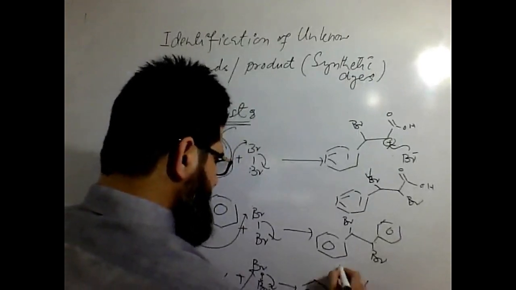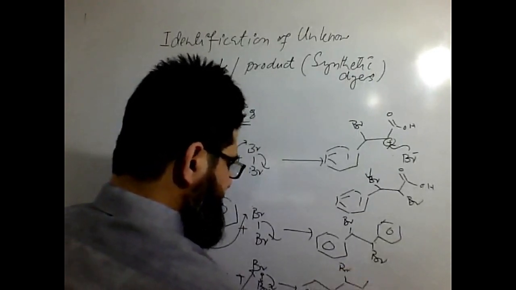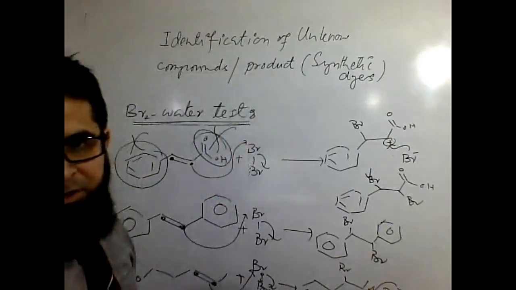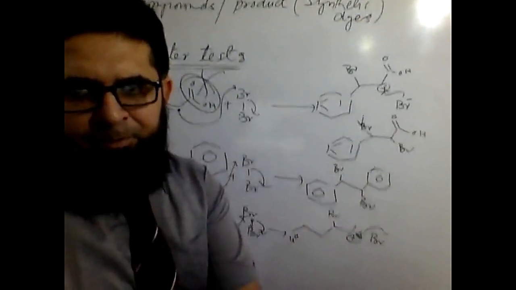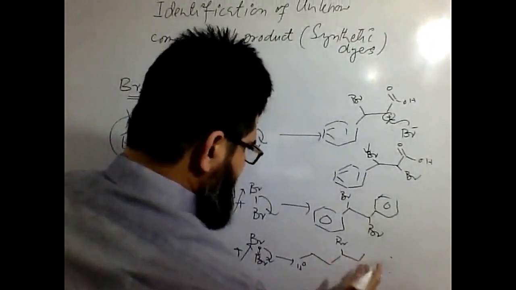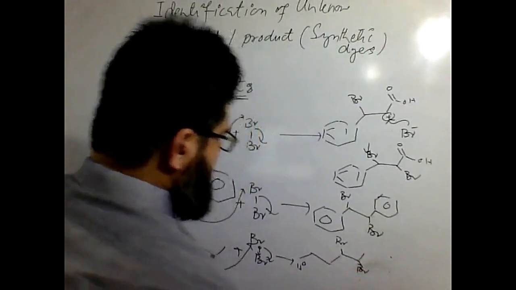We will get a bromo here. Either is supposed to be positive, then the Br negative is supposed to attack, and consequently this bromo gets attached over here, so we will have this sort of molecule.